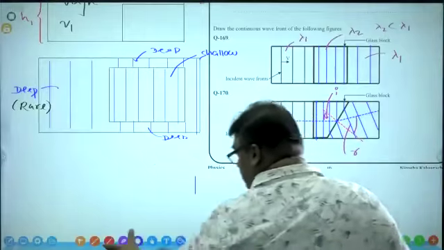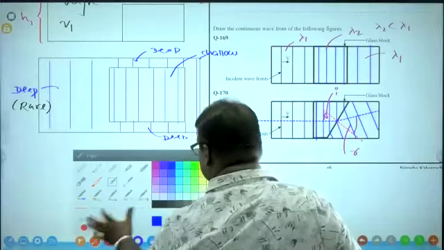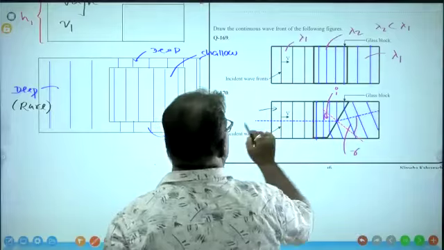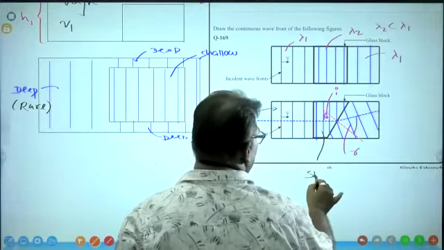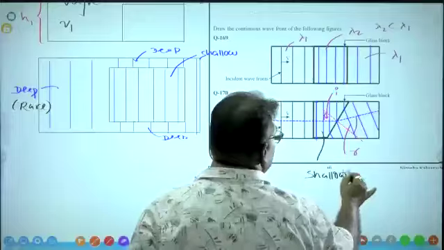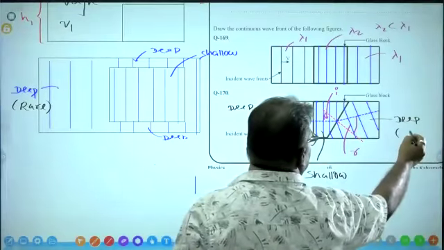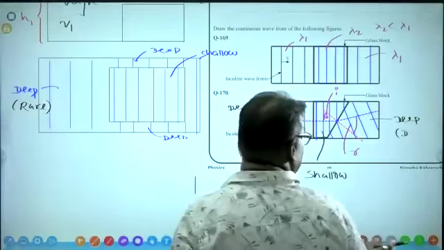Then can we name this here? This one, deep region. This one, shallow. This one again deep. Then here we have denser medium, rarer medium.